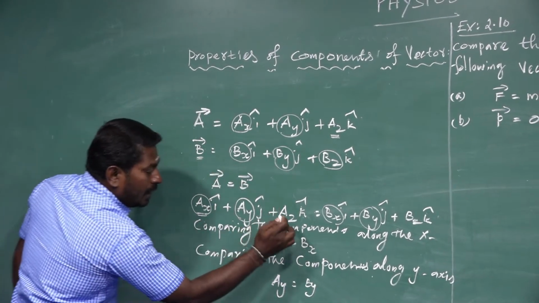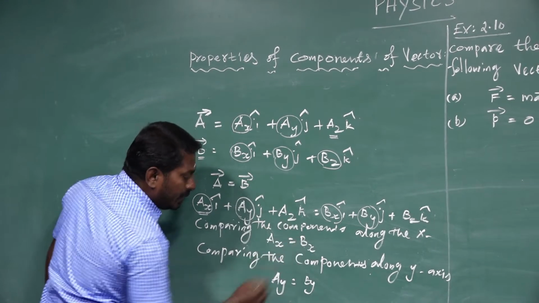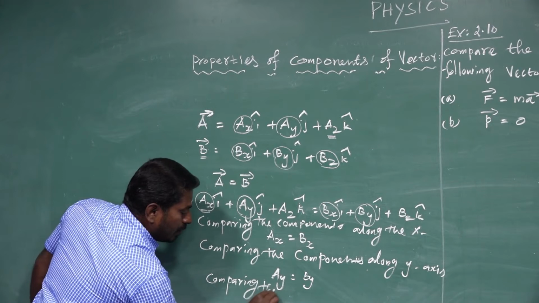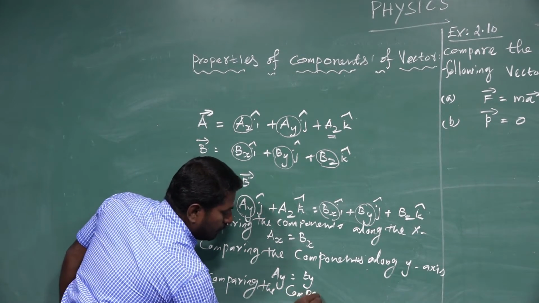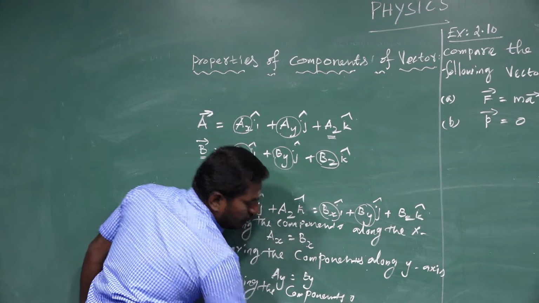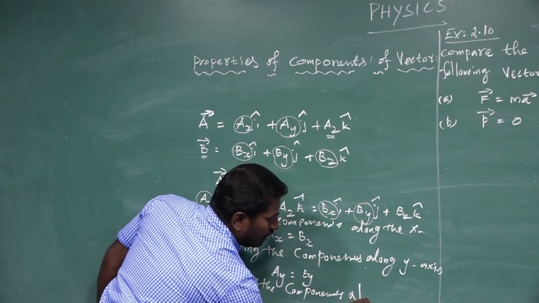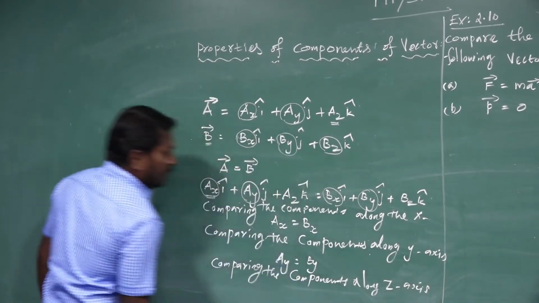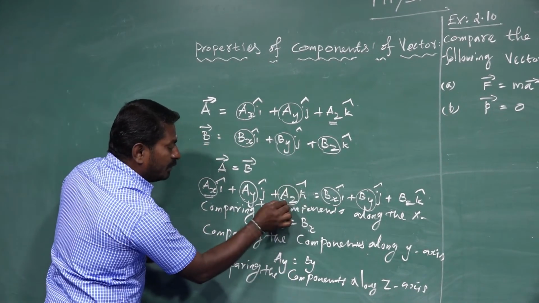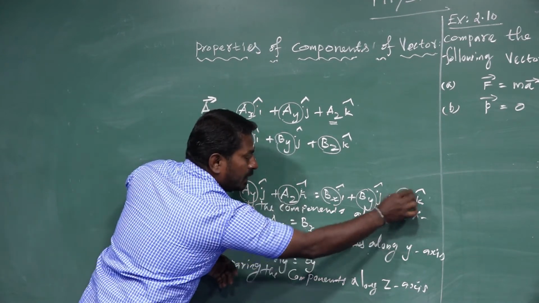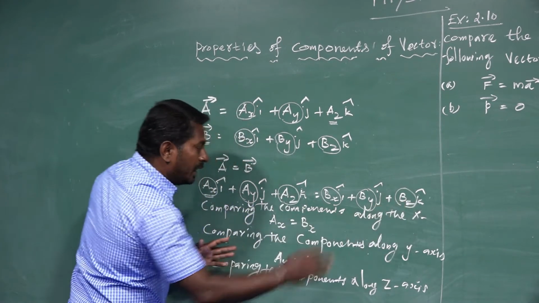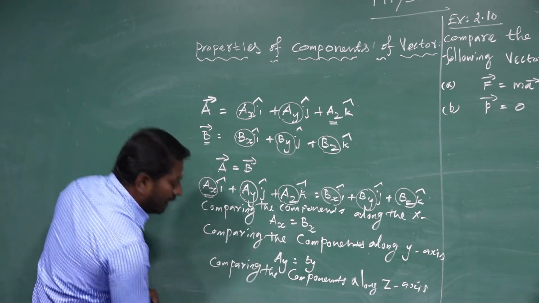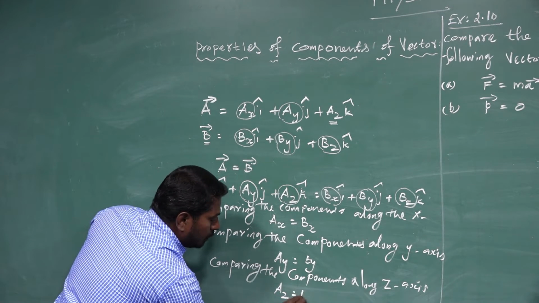Then comparing the components of A vector and B vector along the z direction or z axis, Az is the component of A vector along the z direction, Bz is the component of B vector along the z direction. So if A vector is equal to B vector, then the components are equal along the z direction, Az is equal to Bz.